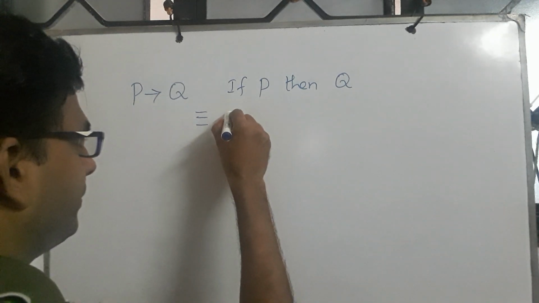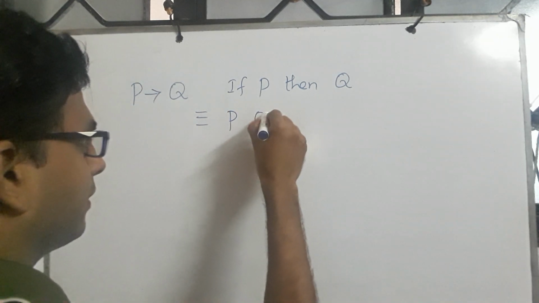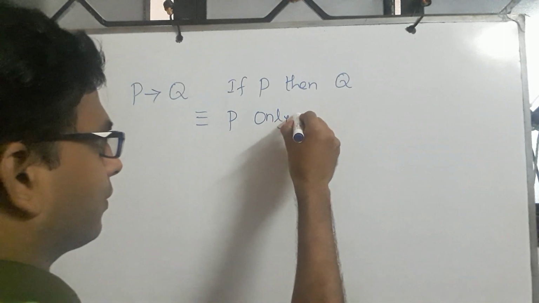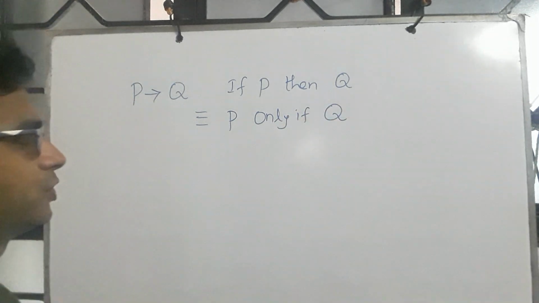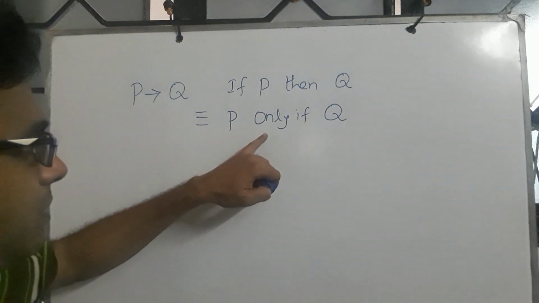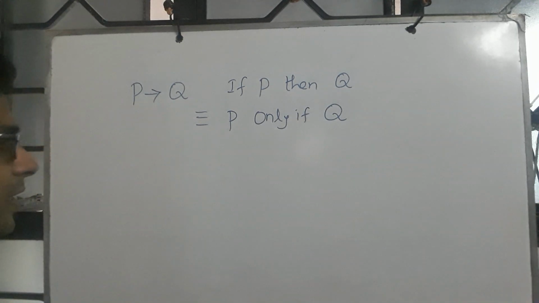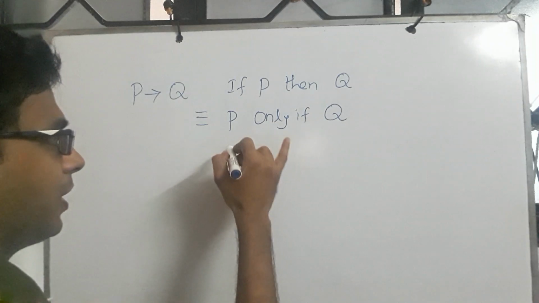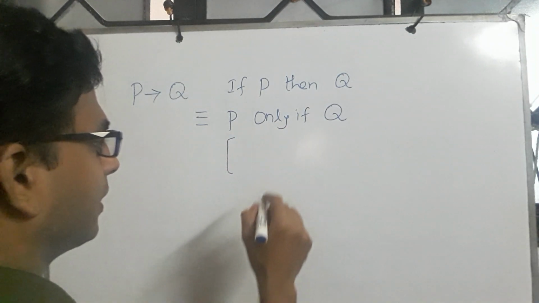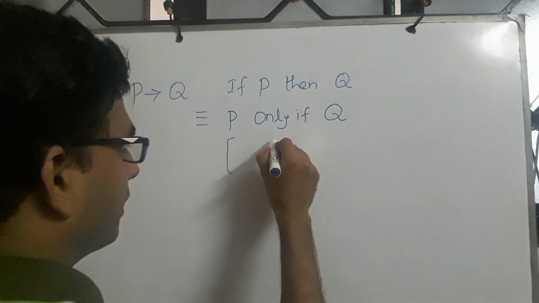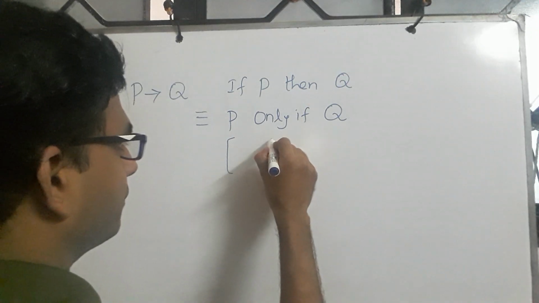And two important things which are quite often used in mathematics, in theorem proving and so on, is this. So the other day I had mentioned P only if Q. What is the meaning of this? So P only if Q.